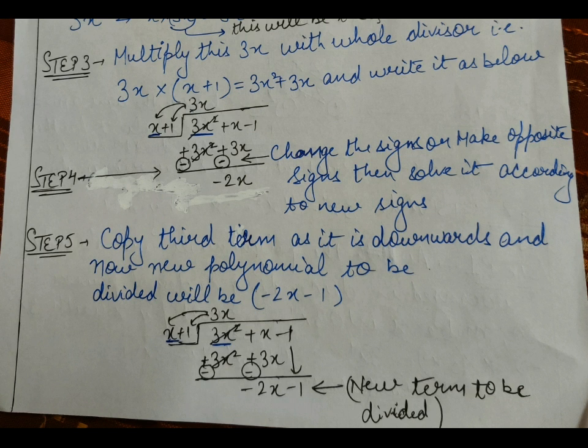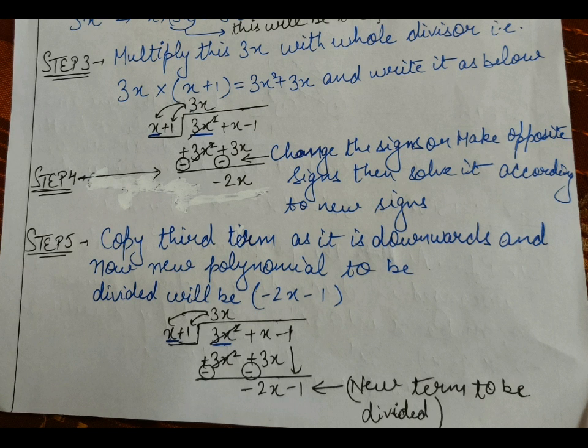After changing the signs, the next step is to solve according to the new signs. After solving, you can see that the first terms of both polynomials, 3x square minus 3x square, cancel each other, and x minus 3x gives minus 2x.